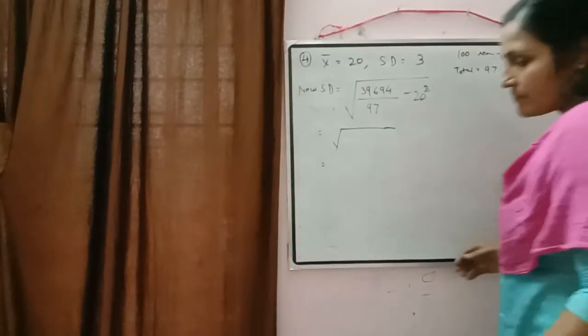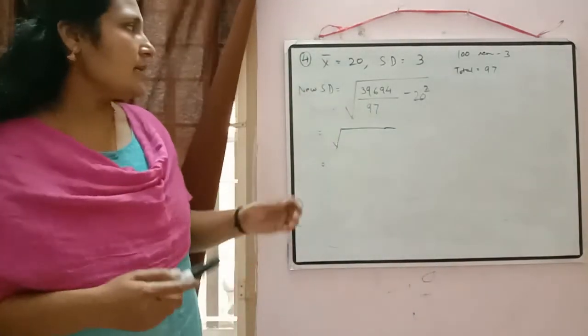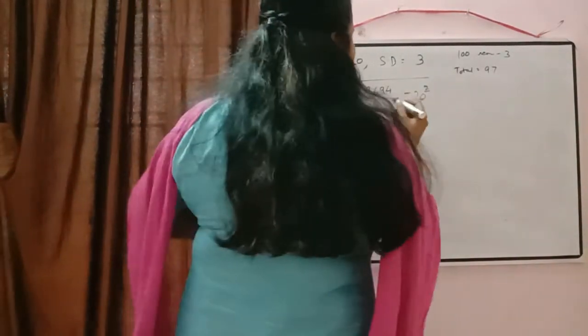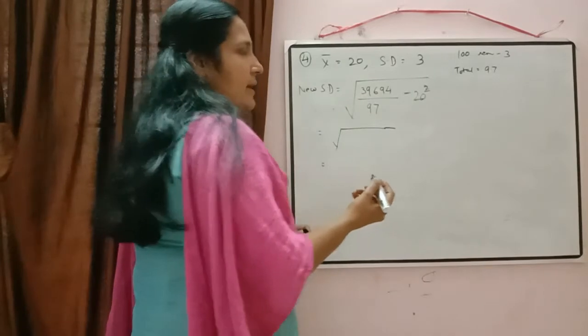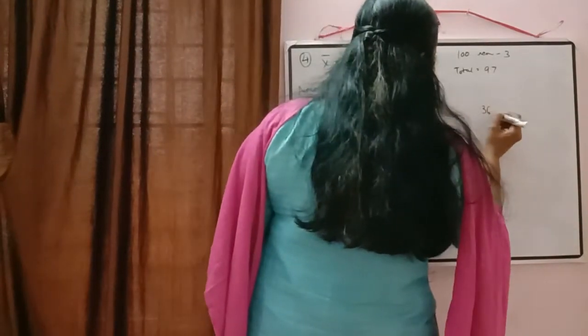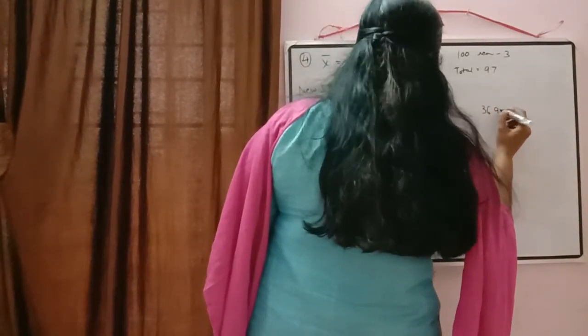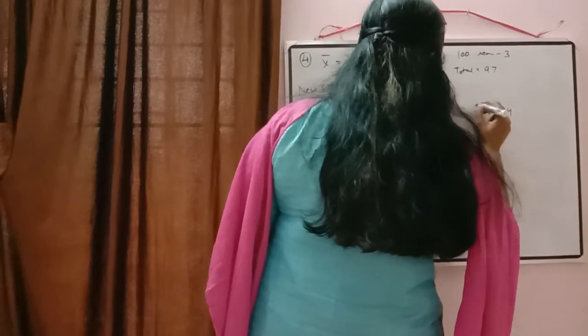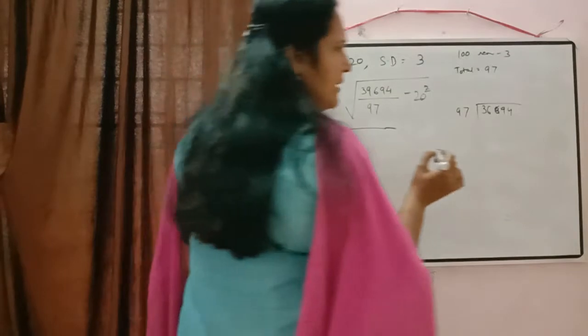We have here 39. Now we'll calculate 39,694 divided by 97. So we can do the division there. I think first it will go by 4 there.